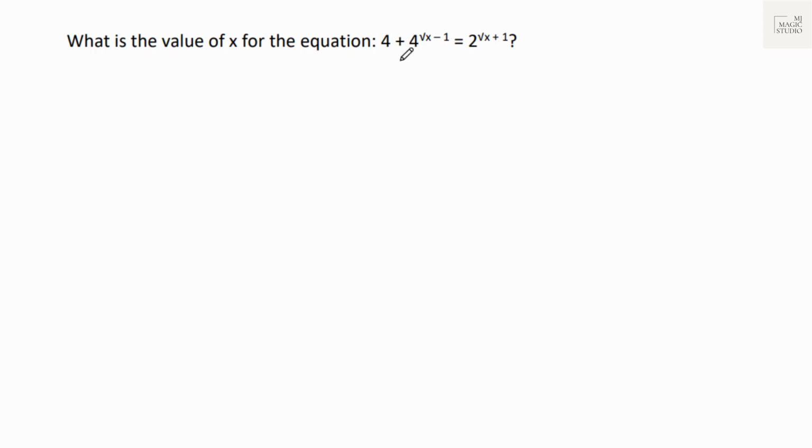What is the value of x for the equation 4 plus 4 to the power root x minus 1, that means divide by 4, equals 2 to the power root x plus 1, that means into 2. So let 2 to the power root x equal a.